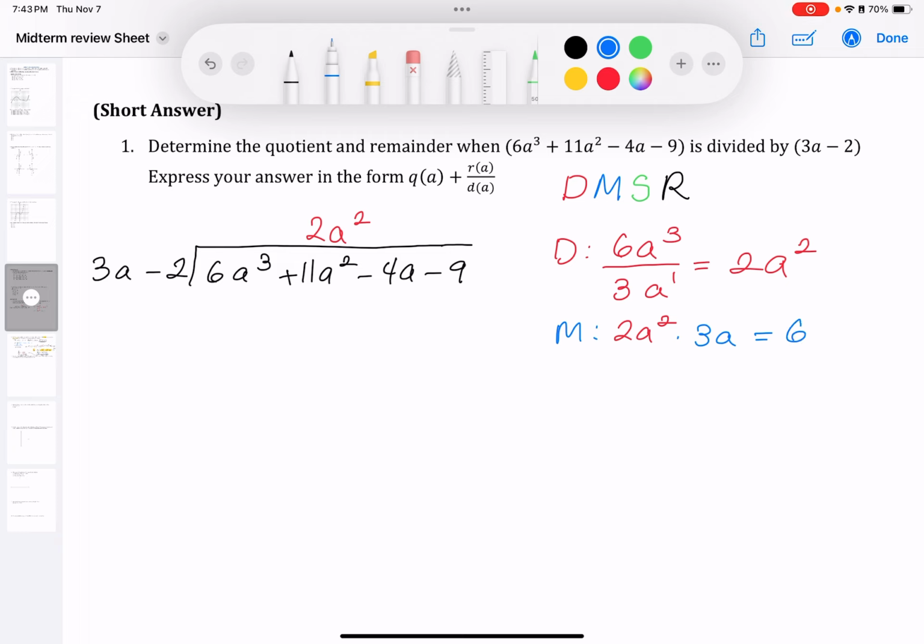A squared times a is a cubed. So that's 6a cubed. Then we're going to take our 2a squared and multiply it by negative 2. 2 times negative 2 is negative 4. So that's negative 4a squared.